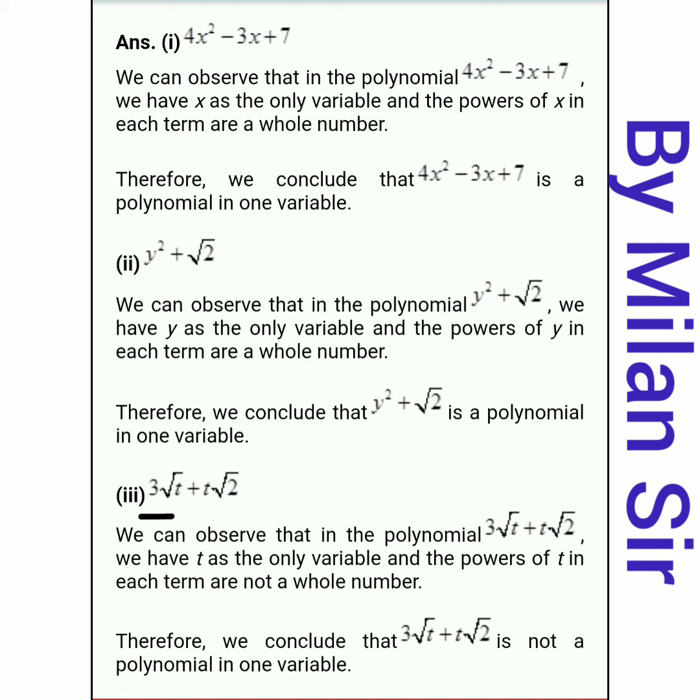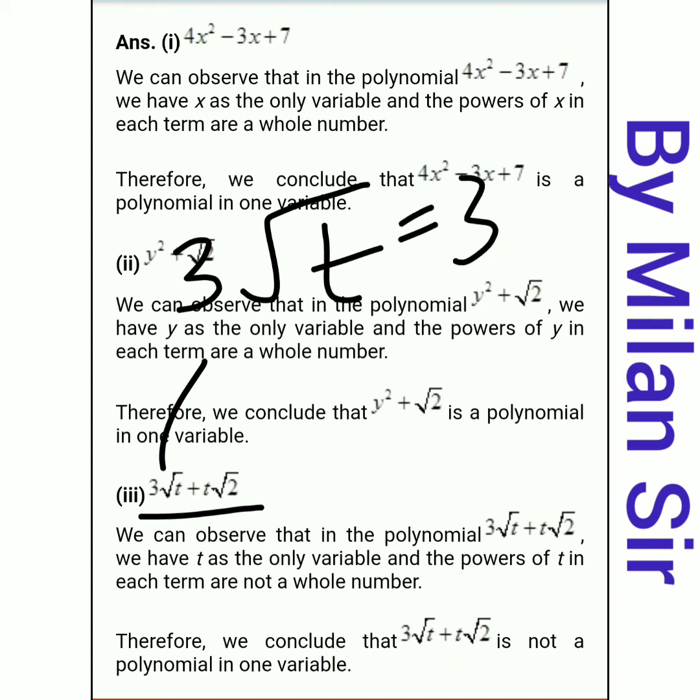Then third question, 3 under root t plus t under root 2. Now here our first term is 3 under root t. If we write it in terms of exponent, under root means exponent 1 by 2, right?